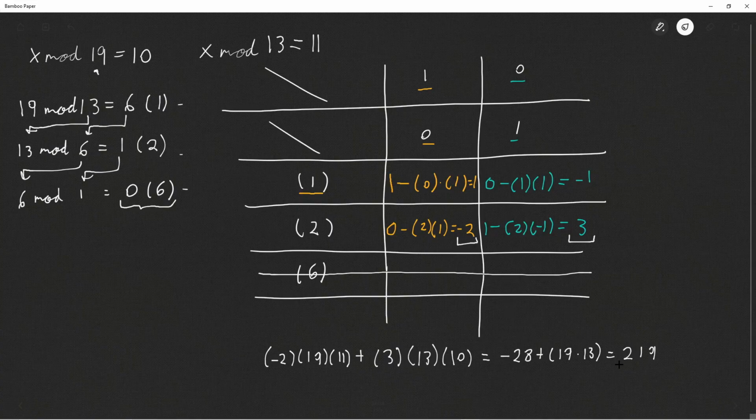And now this is going to be our answer, because if you check, 219 modulo 19 will give you 10, and 219 modulo 13 will give you 11.